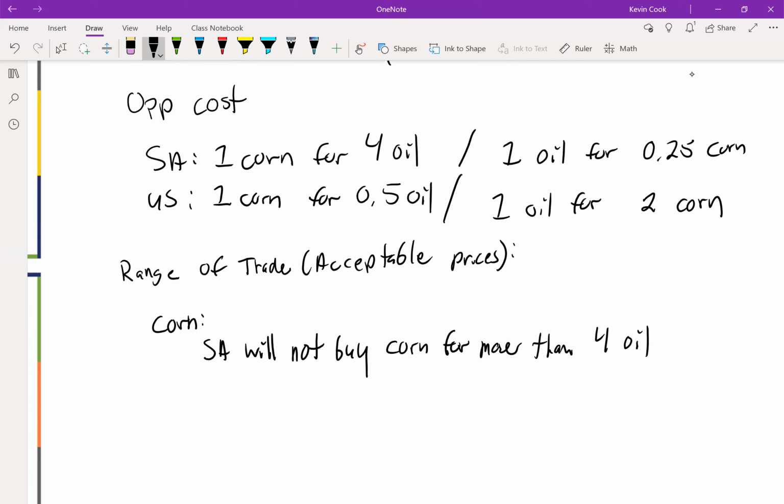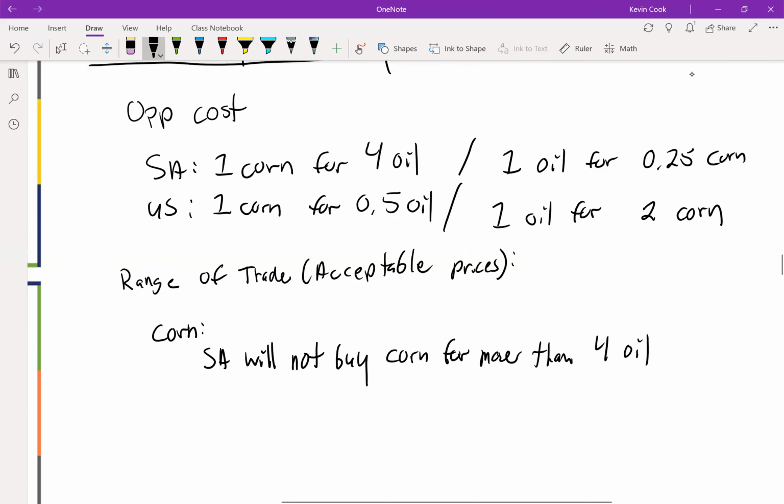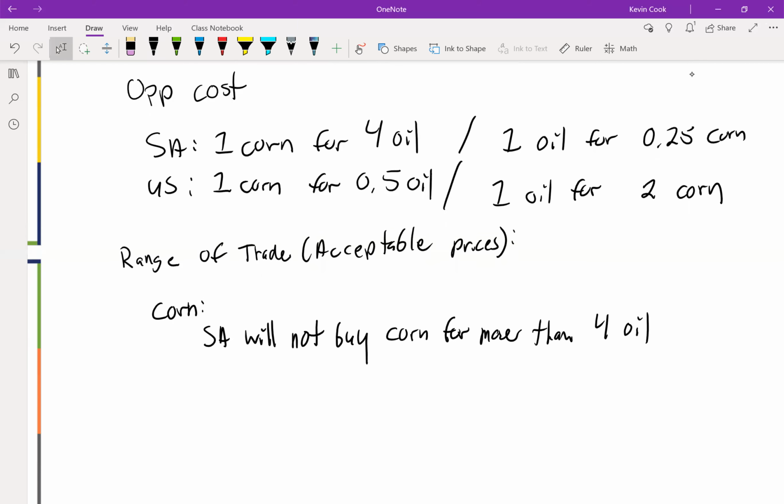The reason is, if Saudi Arabia were to buy a corn for 5 oil, they could make it themselves for that lower price. So if the US came in and said, "We want 5 oil for 1 corn," then Saudi Arabia would be better off just producing corn themselves because they can get it at a lower price.